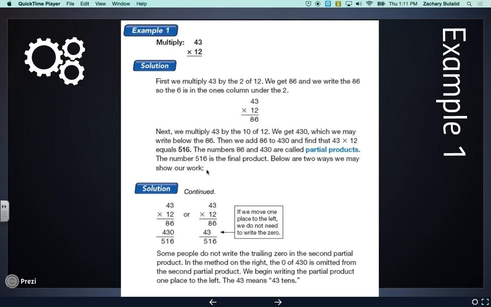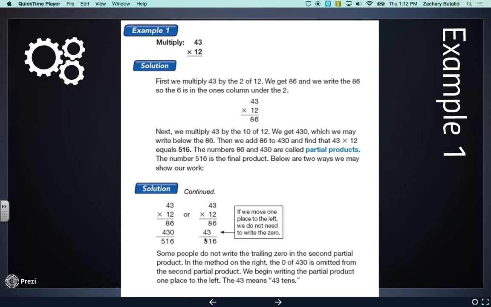The number 516 is the final product, and below are two ways we can show our work. So we can show it like this, or if you just want to scoot it over, what we did here is 43 times 12, and we scooted over and just left a blank space for the 0. I would suggest putting the 0 in there so you don't mess up by mistake, but you don't necessarily need to.